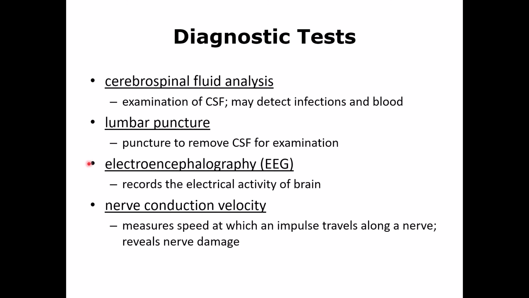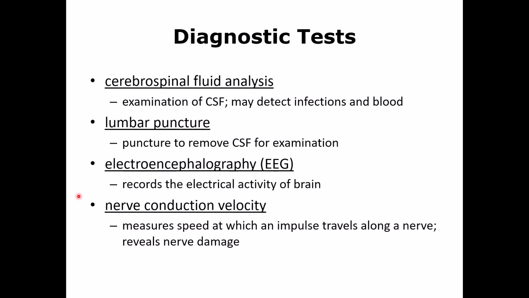With EEG, they put electrodes on the skull and analyze and record brain activity, the electrical brain activities. This is important for people with seizure and epilepsy, also for people with stroke, people who are in coma, and people who have cancer.